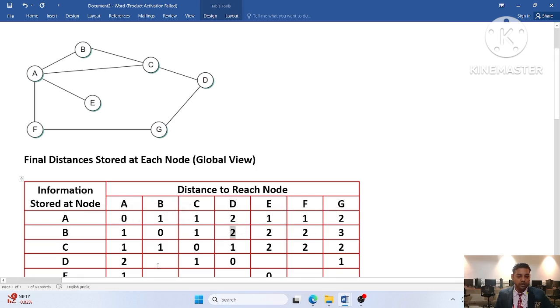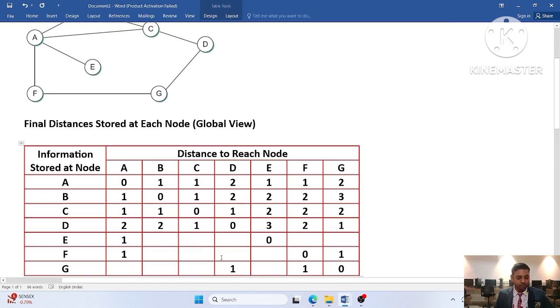It is 2. So here also you can substitute 2. Or else you can calculate manually also. So D to B is 2 via C. D to E is 1, 2, and 3. D to E is 3 and D to F is 1, 2 via G. It is 2.